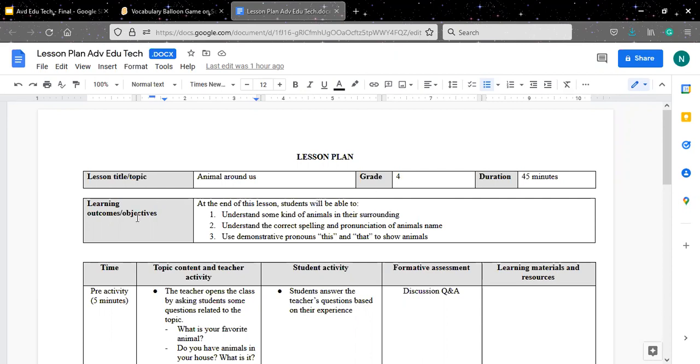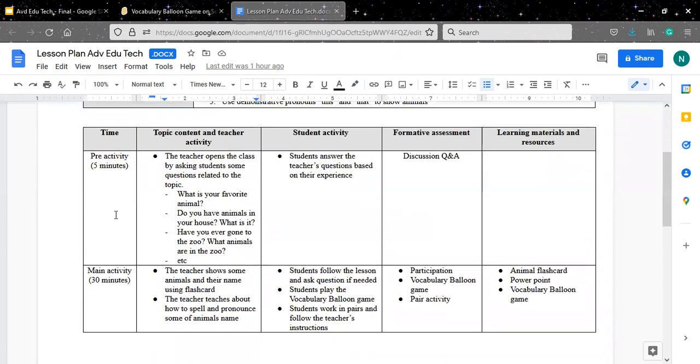The learning objectives: at the end of this lesson, students will be able to understand some kinds of animals in their surroundings, understand the correct spelling and pronunciation of animal names, and use the demonstrative pronouns this and that to show animals.